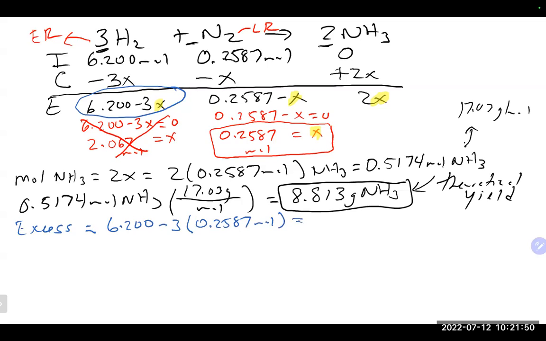And that would give us about 5.4239 moles of the H2 left over, which if we times it by the molar mass of H2 would give us about 10.9 grams of it left over.